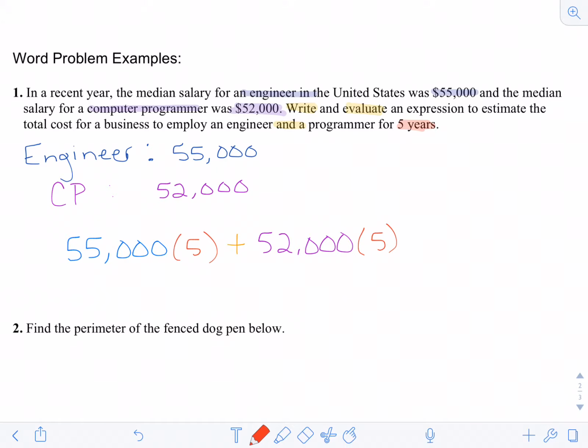So for an engineer, whenever you multiply this out, they would get $275,000. For a computer programmer, they would get $260,000.